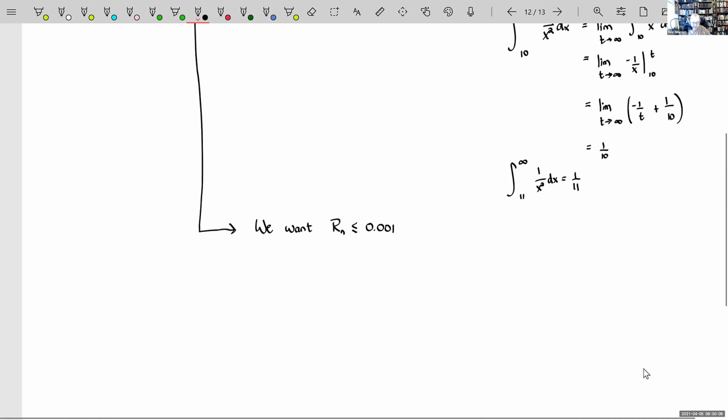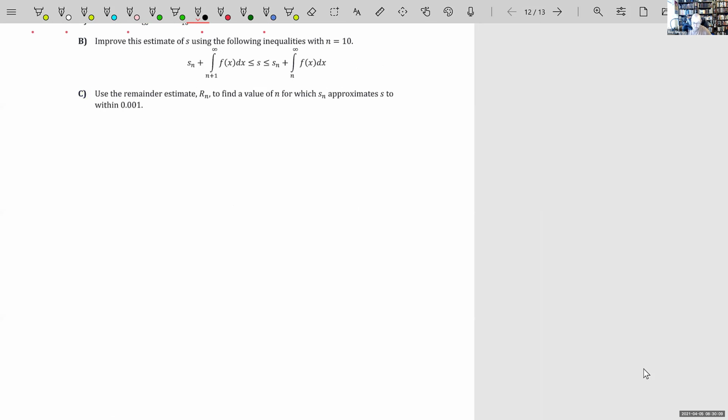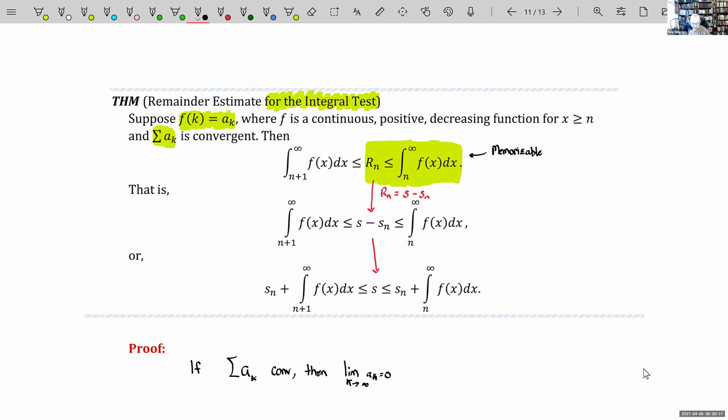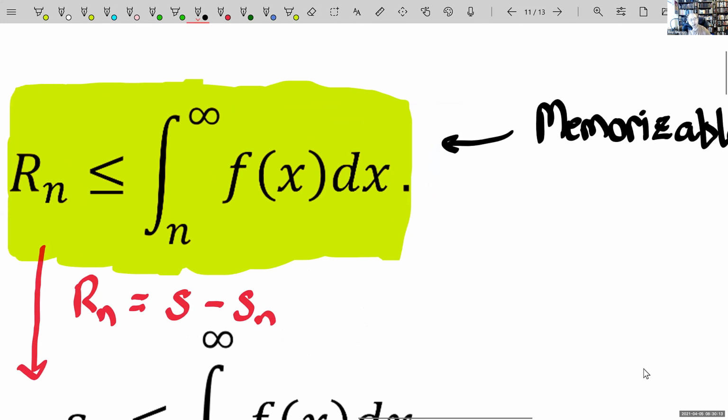So this goes back to what I say is the important inequality. I happen to know that the error is always bounded by the integral from n to infinity of f of x dx. If you have proven that the series converges using the integral test, then you could say the error, if I only add up the first n terms, will always be bounded above by the integral from n to infinity of f of x dx.